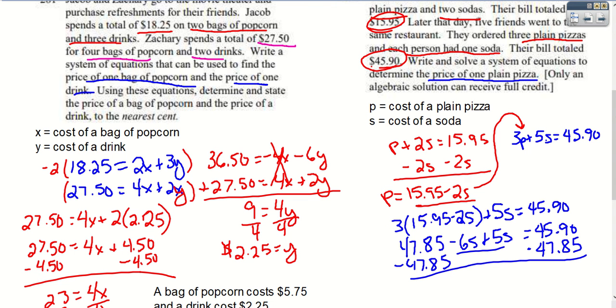And then we're going to get negative s is equal to 45.90 minus that last answer we just got, which is negative 1.95. And since they're both negative, that means we divide by negative 1, and we got a little can of soda is equal to $1.95.